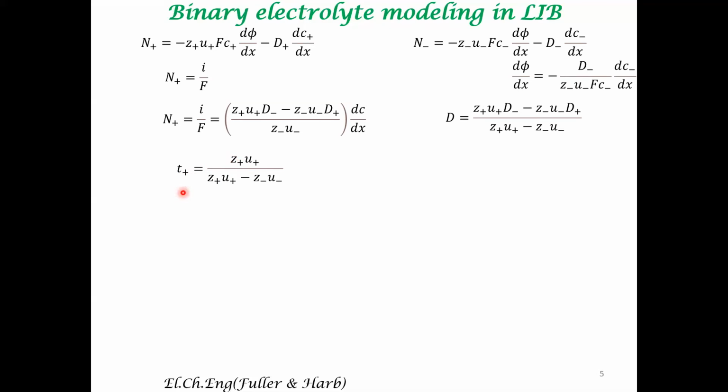So that's the way I'm going to define that. You'll see what is the advantage of using an expression like this. There is certain elegance in the mathematical expression you will get. So I'm going to use this expression to simplify or rewrite N plus in the following manner.